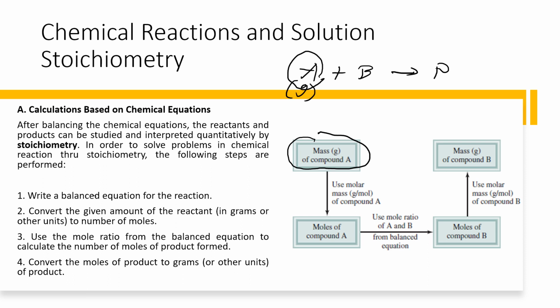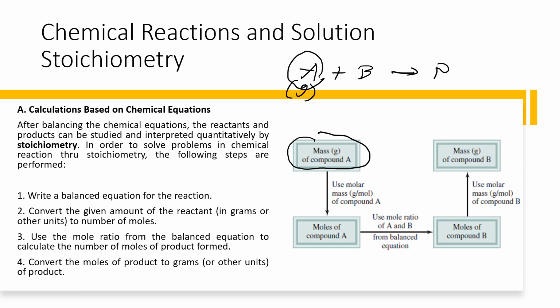Kumbaga, in every chemical reaction that we have, we need to convert it into moles because its language is in terms of moles. Okay? So, hindi pwedeng sabihin mo na grams lahat yan. So, in order to relate A and B or P, or A and P, or B and P, ganon, you need to convert your grams into moles.